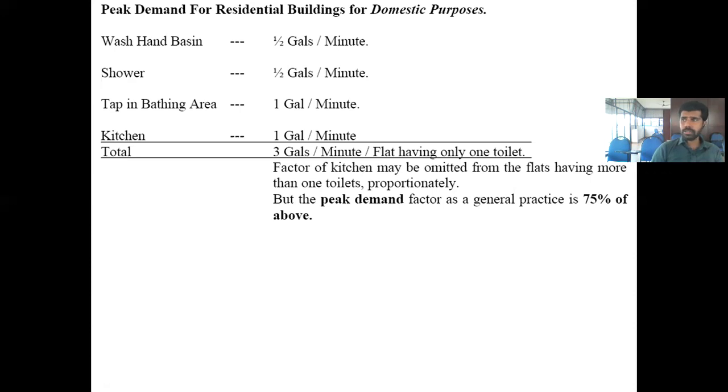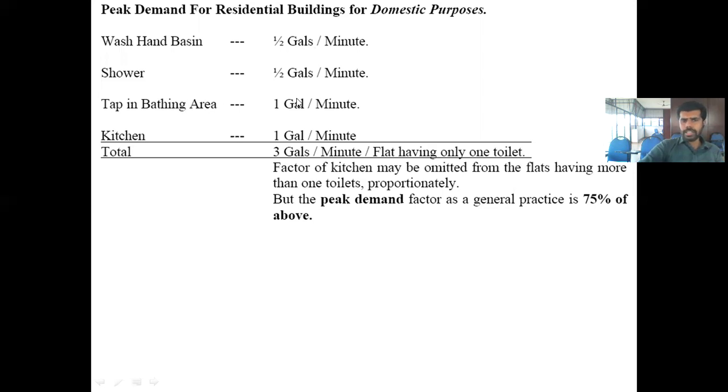If it's a rain shower, the consumption might be even 15 liter per minute, or you can call it 3.5 gallons or something like that. So this is the normal one. Normal for wash basin is half gallons per minute, and shower is half gallons per minute.